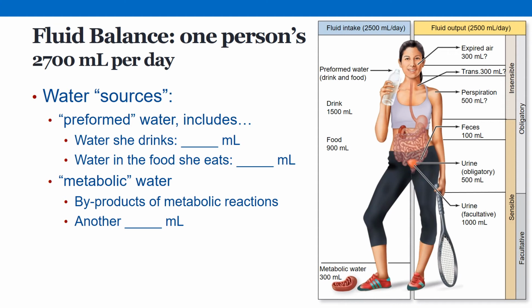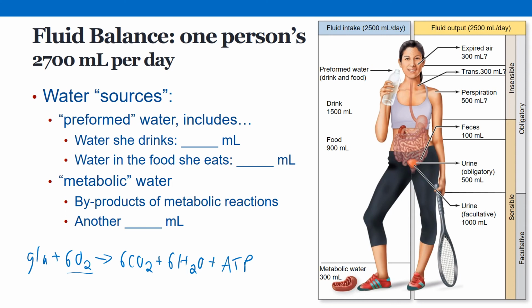If you remember, we had that equation that glucose plus 6 oxygen gives you 6 CO2 plus 6 H2O plus a large amount of ATP. We've talked before about where the O2 comes from.